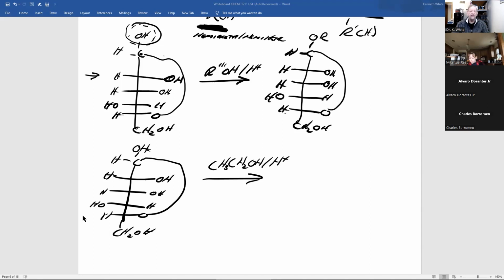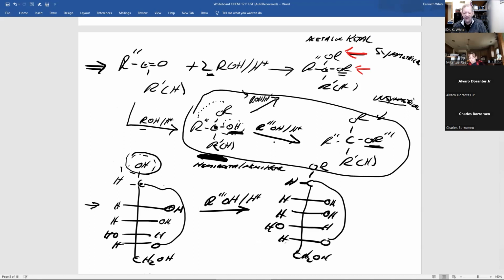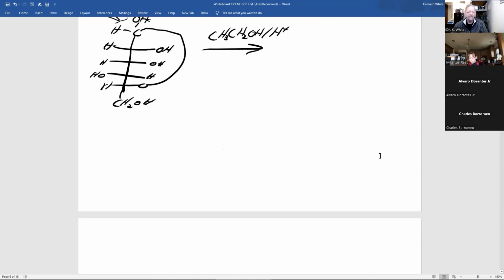All right. So if we look at this molecule right here, it's really this reaction right here. Not with that arrow. What we have going on is this.